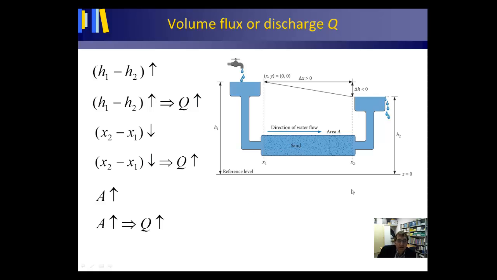We can already establish part of Darcy's law by this, because we can see that your volume flux, your discharge, is linearly related with the difference H1 minus H2 of these two hydraulic heads. It's inversely linearly related with x2 minus x1, and it's linearly related with the area A.